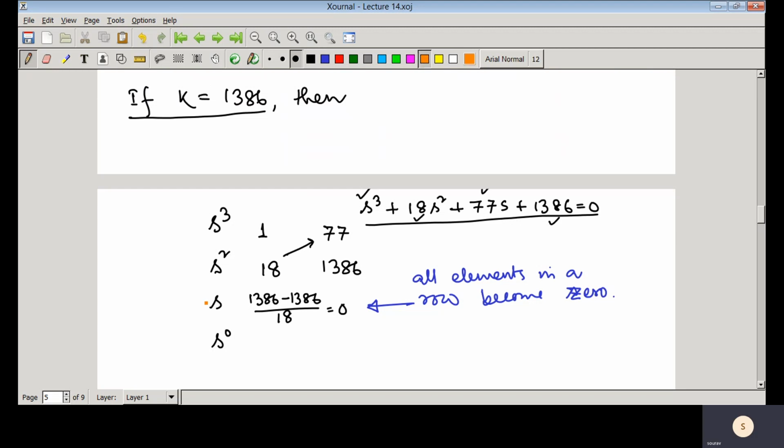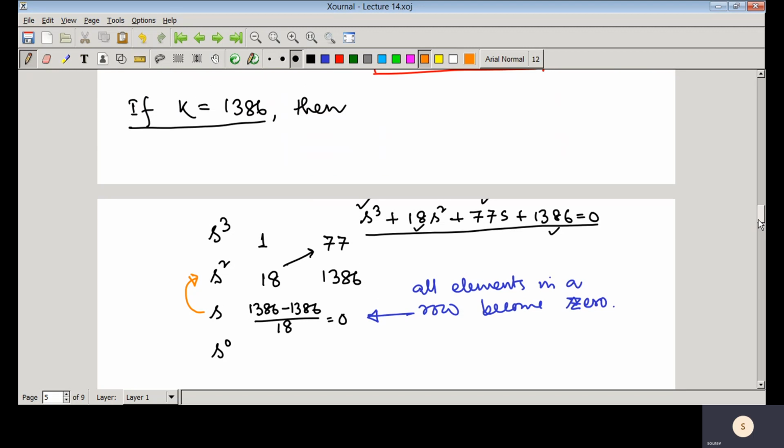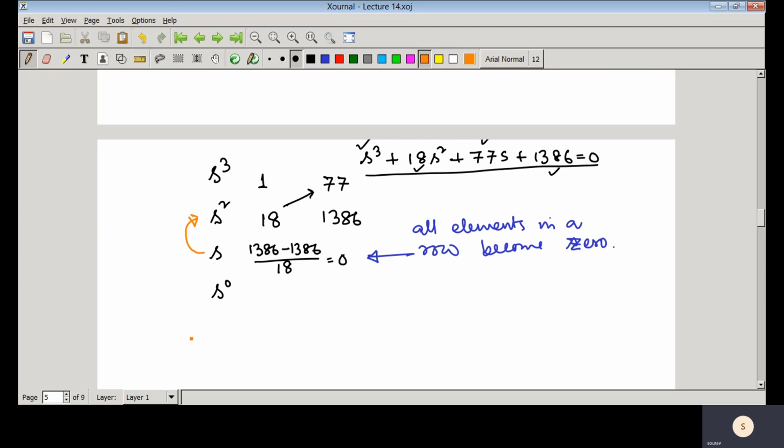So in that case, you need to go one step above. If you go one step above, then you have a polynomial that is called the auxiliary polynomial. This polynomial has coefficient a square, so it would be 18s square plus 1386.